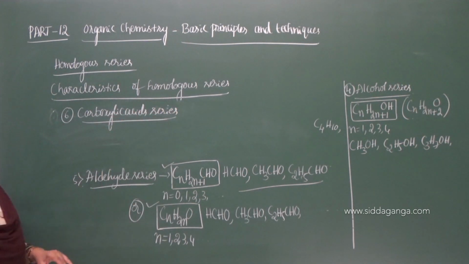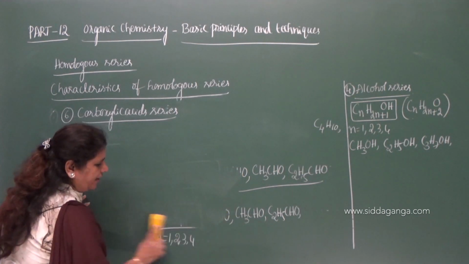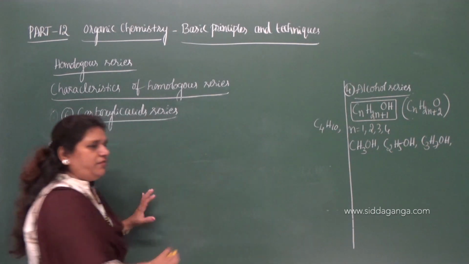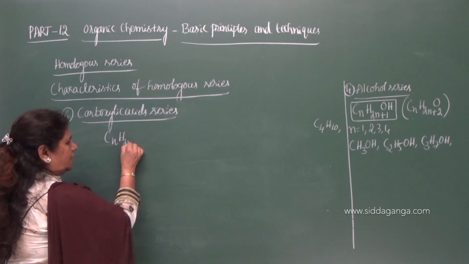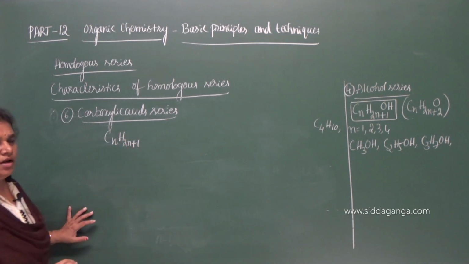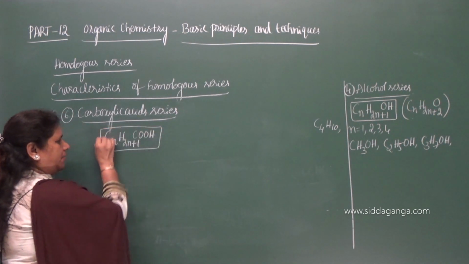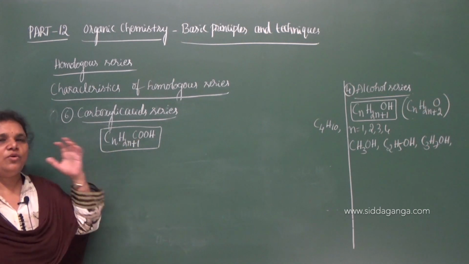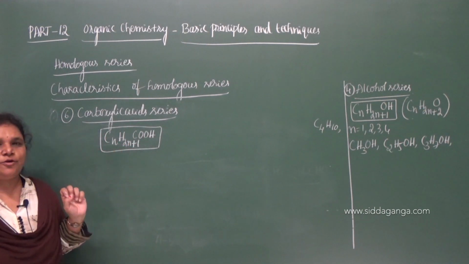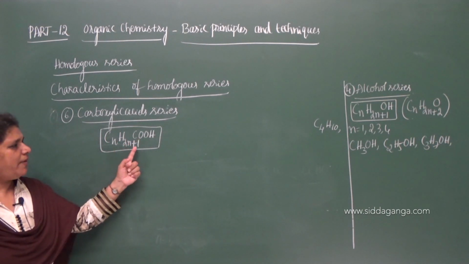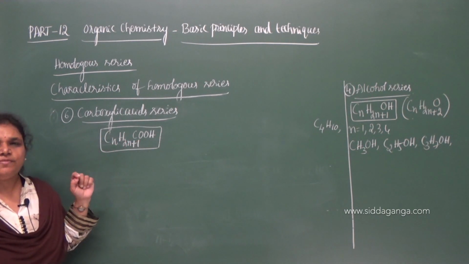If they are derived from the alkanes, we can give the general formula as CnH2n+1, replacing one hydrogen by a functional group called COOH. COOH is the functional group of carboxylic acids. Therefore, I replace one hydrogen from the alkane with the functional group COOH.